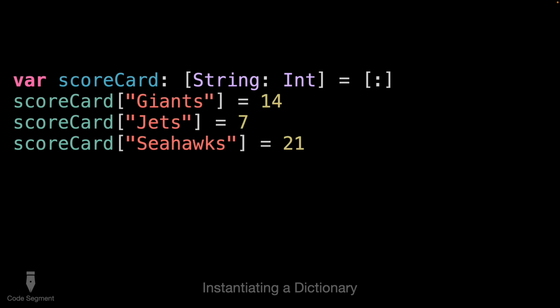So, in Swift, you can do this to add to your dictionary. Some languages require you to call .insert in order to add stuff. I'm pretty sure you can do it like this in Swift.